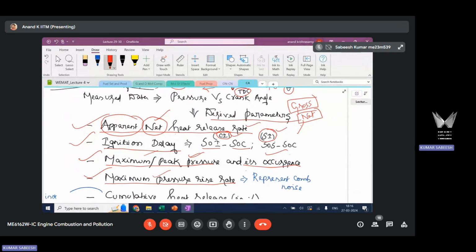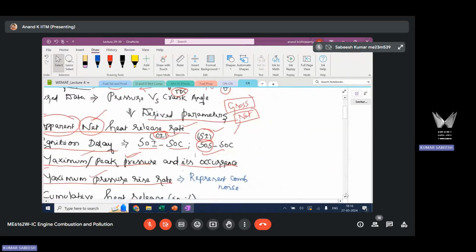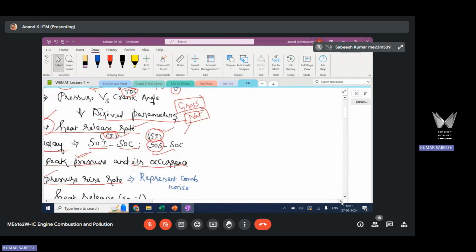For SI engine, the time elapsed between start of spark discharge. I will just write down these abbreviations here. So SOI is start of fuel injection. This is applicable for CI engine, and SOC is start of combustion, applicable for both engines.